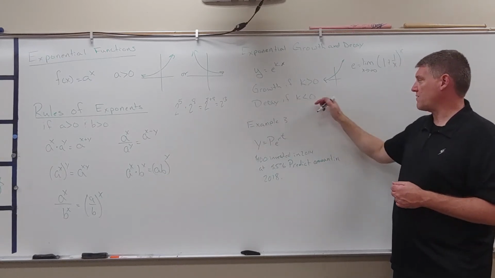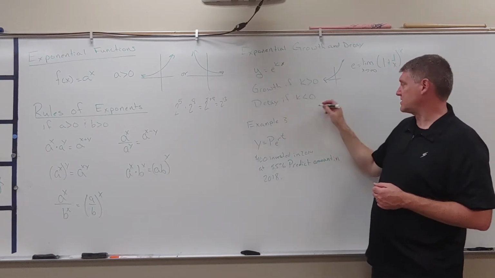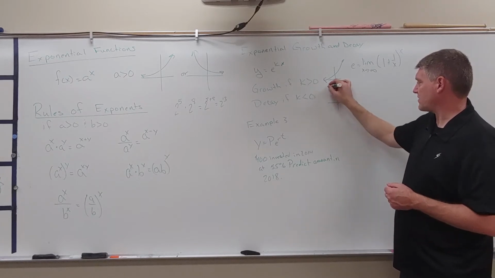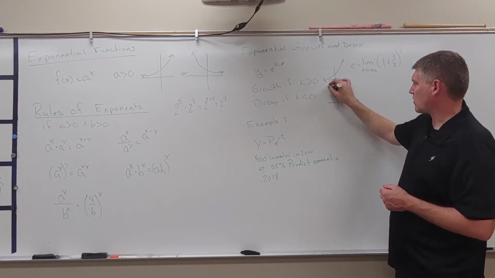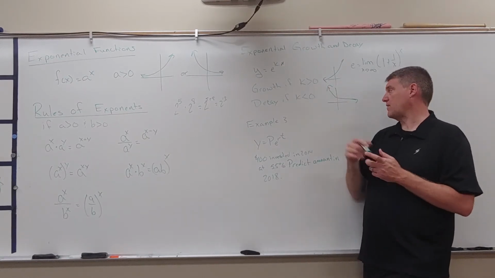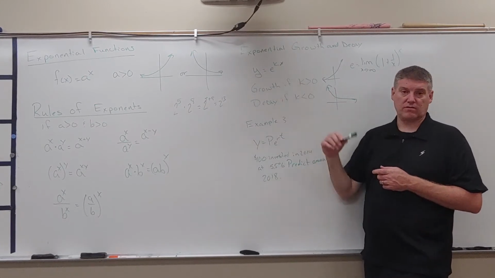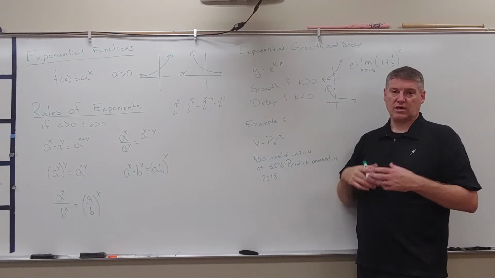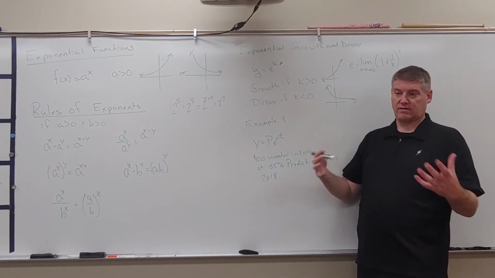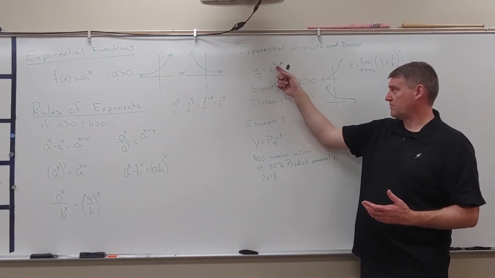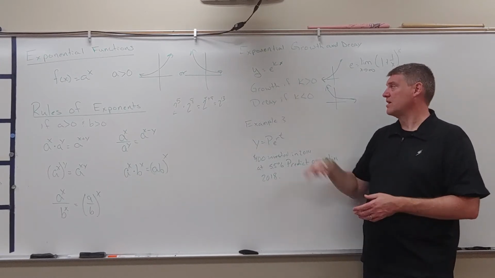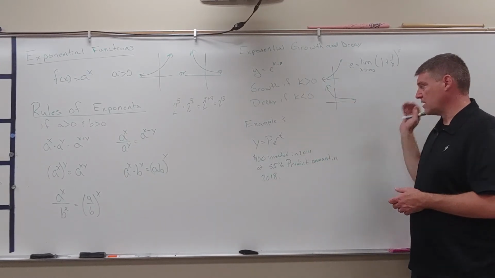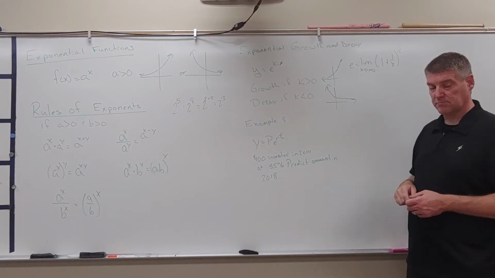Okay? Now I'm going to have decay if k is negative. So it's going to be coming down towards 0 if k is negative. Okay, so that means as k gets larger and larger negative, as x goes to infinity, this is going to be like negative infinity. So e to the negative infinity is going to get me really, really small.